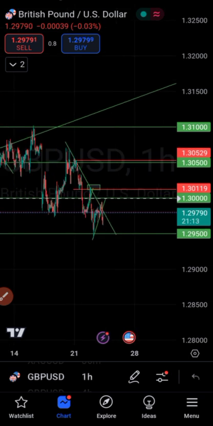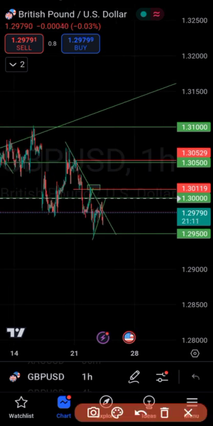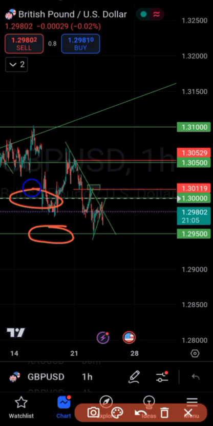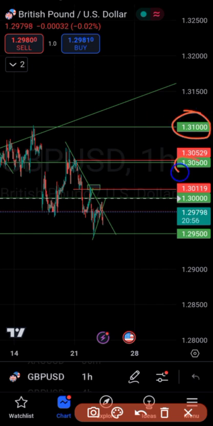For example, if you are looking at my chart now, you will notice some green lines that are popping up on my chart, like this green line here. I have another green line here, another here, and another here. And if you look at the numbers of all these green lines on this edge, you will see that they are all random numbers. The first one here is 1.31000.